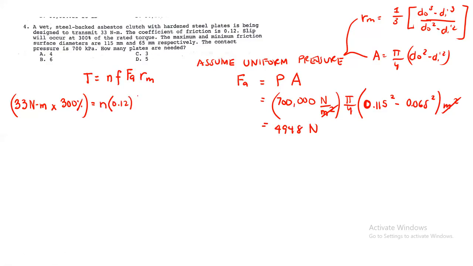So ilan yung axial force natin? 4948 Newton. Then mean radius. So 1/3. So outside diameter natin is 0.115 raised to 3 minus 0.065 raised to 3 divided by 0.115 squared minus 0.065 squared.